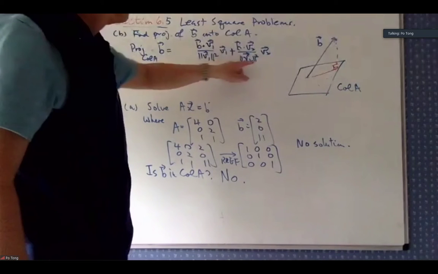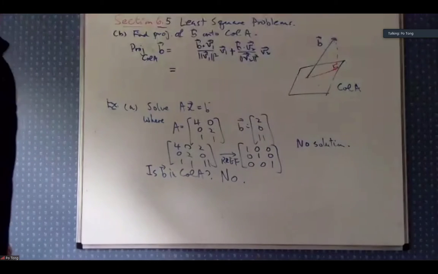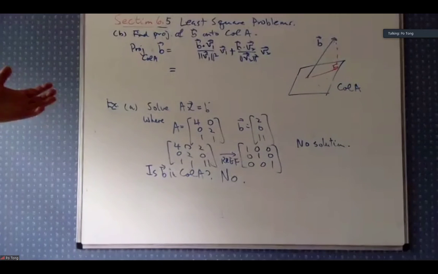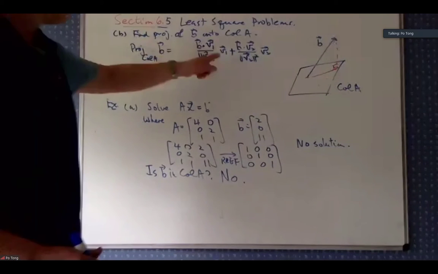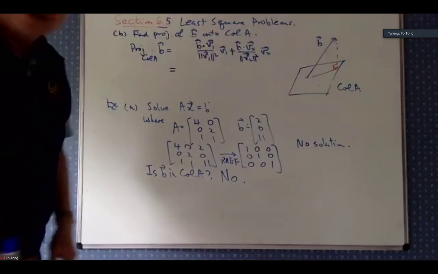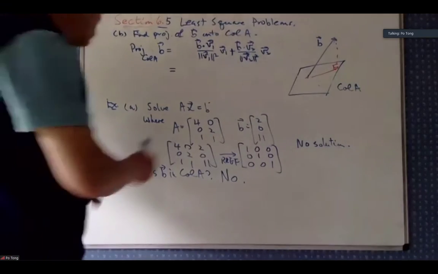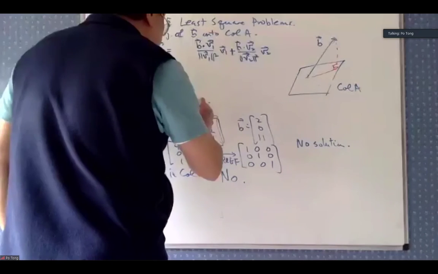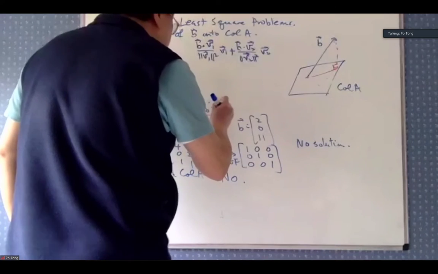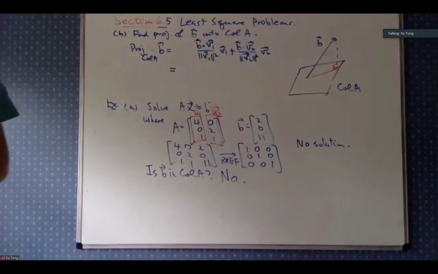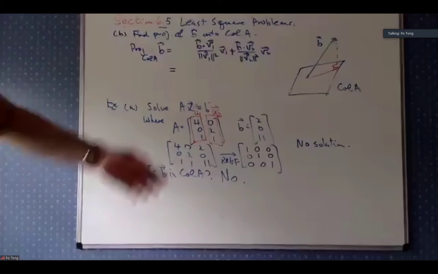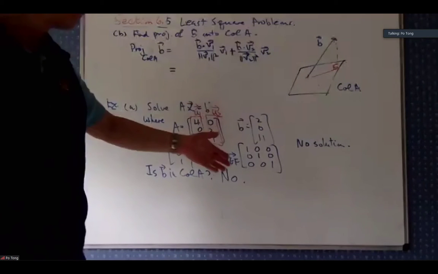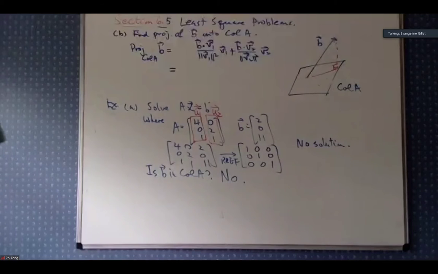But are these two perpendicular originally? I'm going to call this U1 and U2. Are these two perpendicular to each other? That guy with these two spans the column space of A. Are they perpendicular to each other? No, they are not.